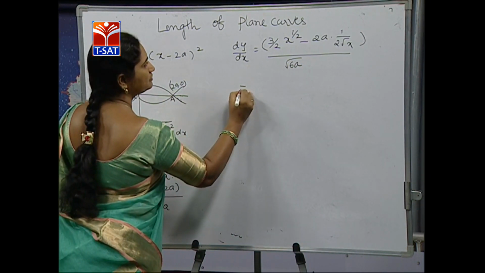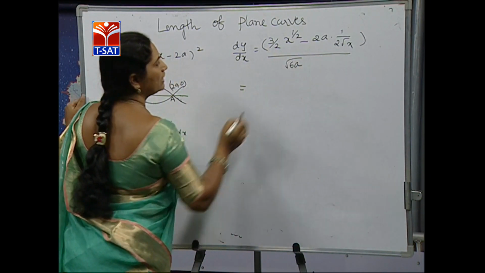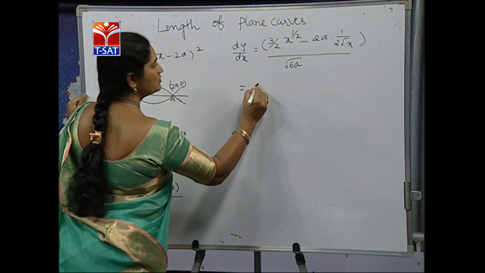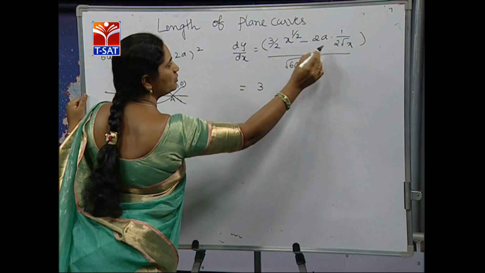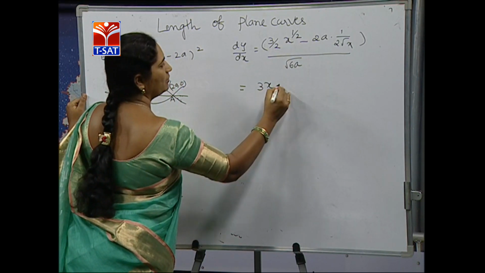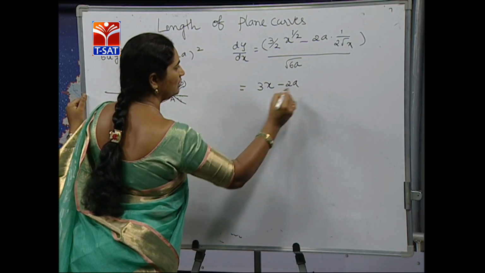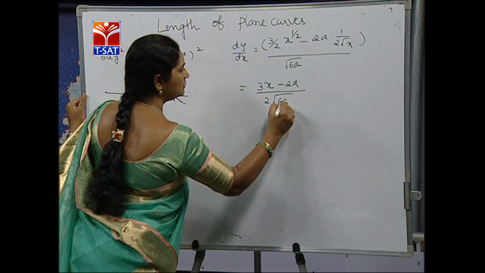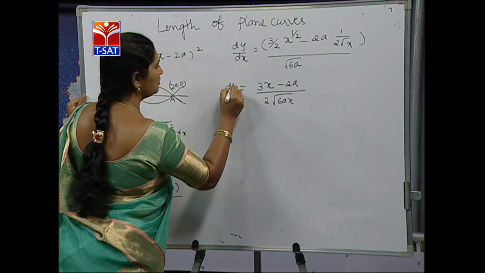Now I am taking 2√x as the LCM. So 3 into √x is √x, and √x into √x is x, giving (3x − 2a)/(2√(6ax)). This is dy/dx.